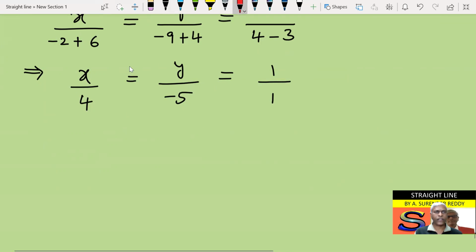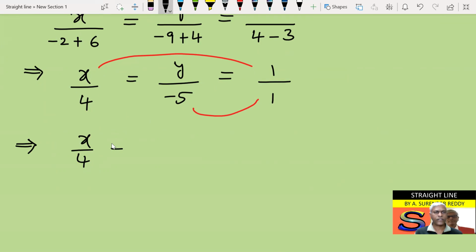So equating first and last, and second and third, we get x by 4, 1 by 1 is 1, and y by minus 5 is equal to 1.